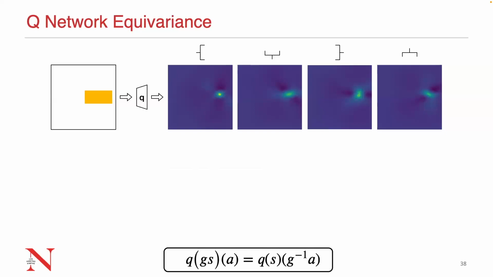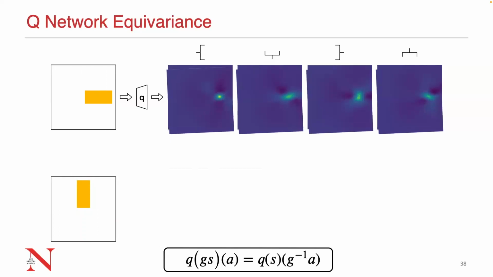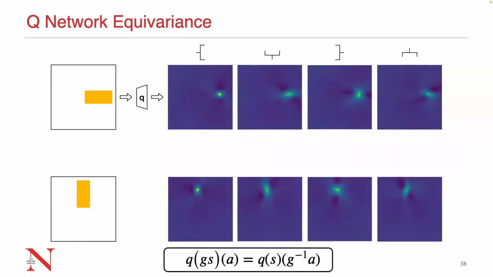So now let's imagine there is a rotation applied to the input state. First, what should happen is that all of the Q maps should be rotated accordingly, right? Because the pixels represent where we want to place our gripper. So when the table is rotated, we want all of our Q maps to rotate to represent that change of XY position.